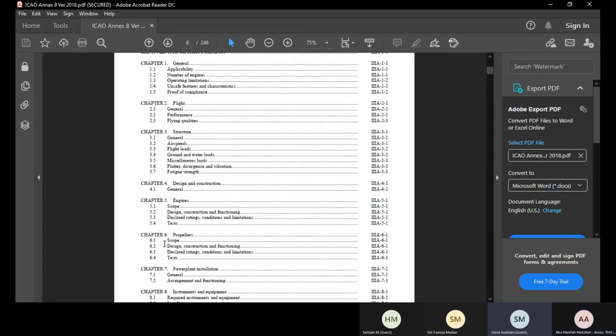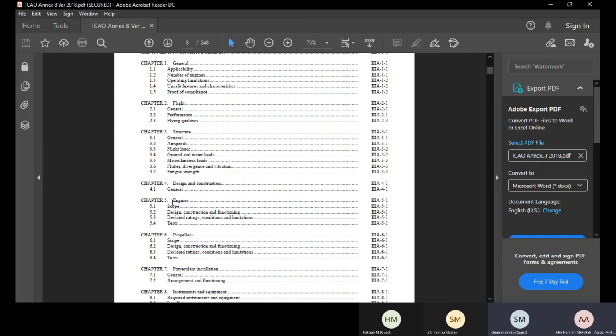Okay. Engine, propeller, they put it here because in the past, some aircraft designers designed and certified the engine together with the aircraft. The modern practice is you just install a certified engine.